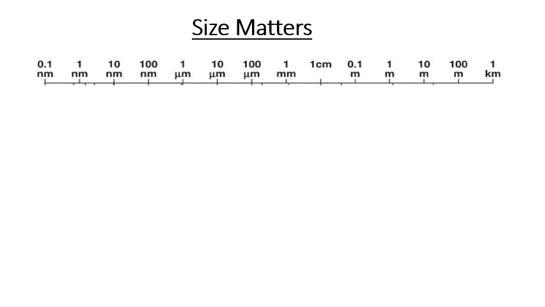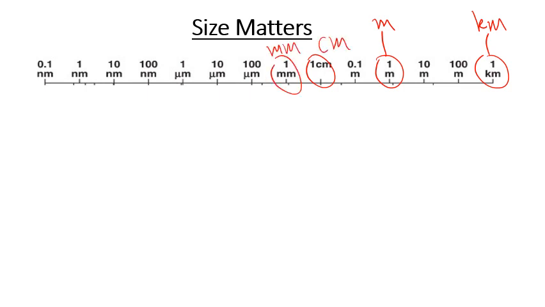All right, the next section is about how big are cells. So we want to think about all the common units of measurement that we use. So the units that are common on our human scale, obviously kilometers and meters. Here's a meter, and centimeters and millimeters. So these are our human scale units that we're used to measuring in, but cells of course are much smaller, they're all microscopic.